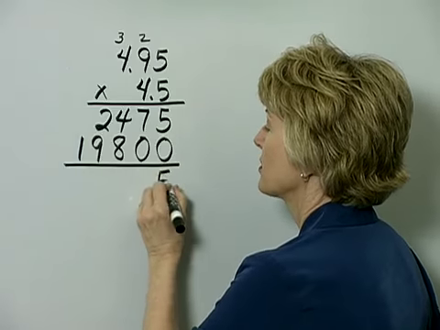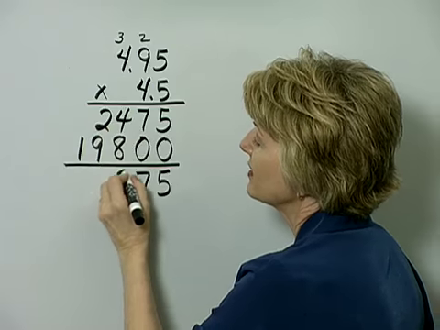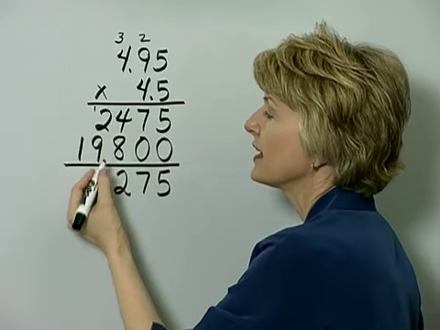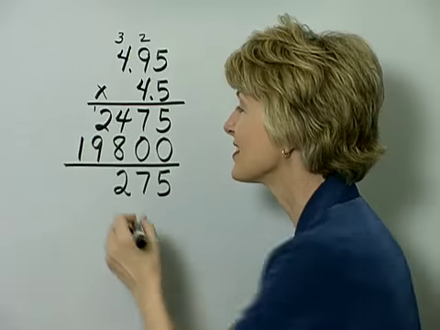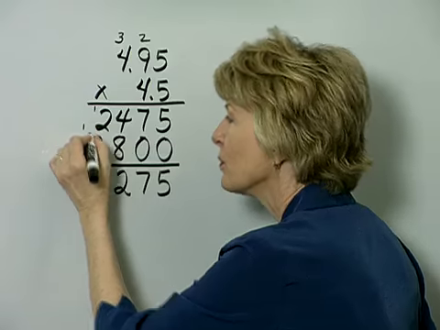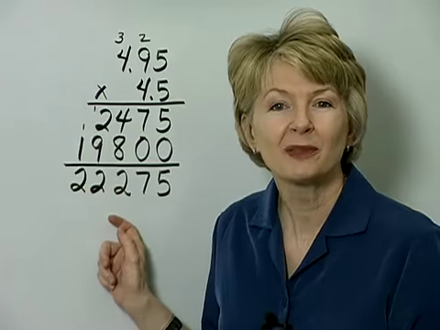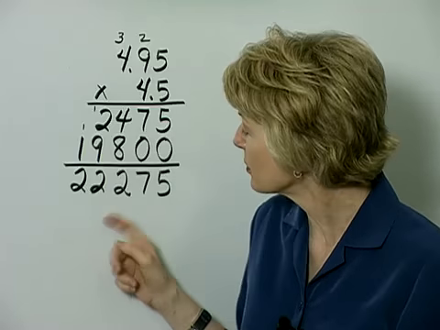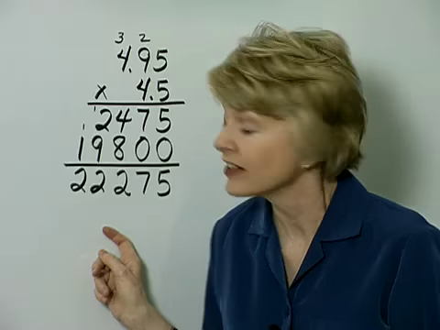5 plus 0 is 5, 7 plus 0 is 7, 4 plus 8 is 12, carry the 1, 9 plus 2 is 11, plus 1 is 12, carry the 1, 1 plus 1 is 2. So now we've multiplied as if for whole numbers. Where do we place the decimal point in the product?